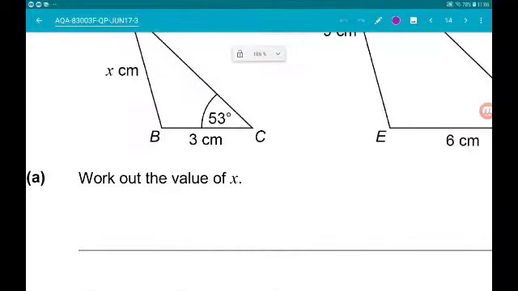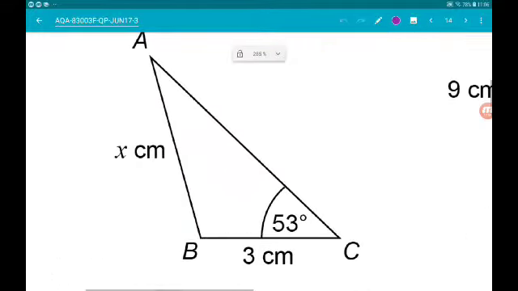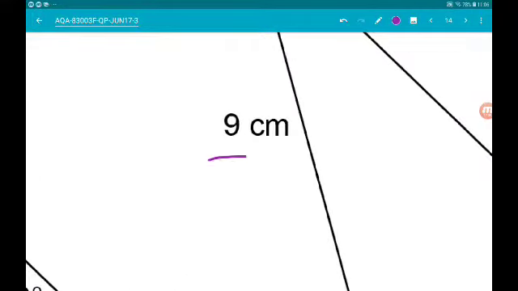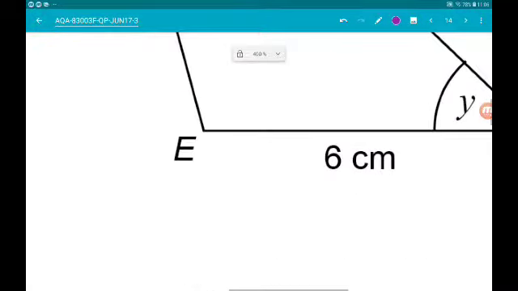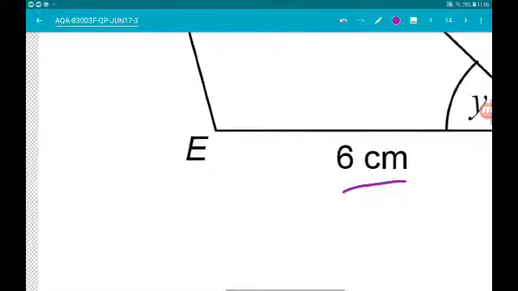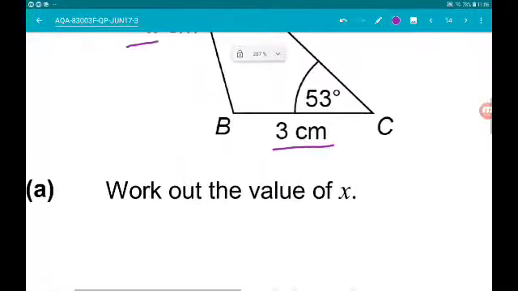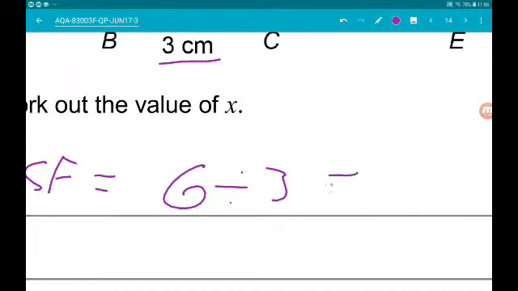So, part A wants us to work out the value of x. So, x is there. Now the corresponding length is 9. At the moment, that's no use. But we know this length is 6, and this length is 3. So the scale factor is 6 divided by 3, which is 2.